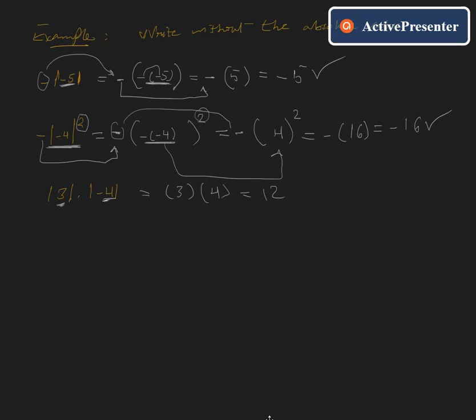Another question: the absolute value of 3 minus the absolute value of negative 7. The absolute value of 3 is 3. This negative will remain the same. Then the absolute value of negative 7 is 7. So the answer should be minus 4.